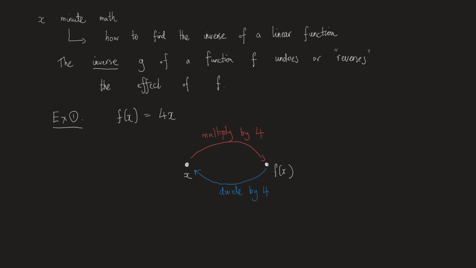And that tells us, very simply, that the inverse function of f of x is, let's call it g of x. Well, in function notation, I'm supposed to take my quantity and I want to simply divide it by 4. If we rewrite that, we can write that as 1/4 of the input, x.